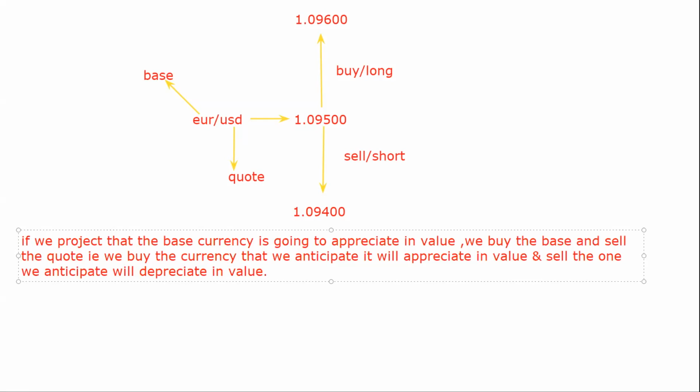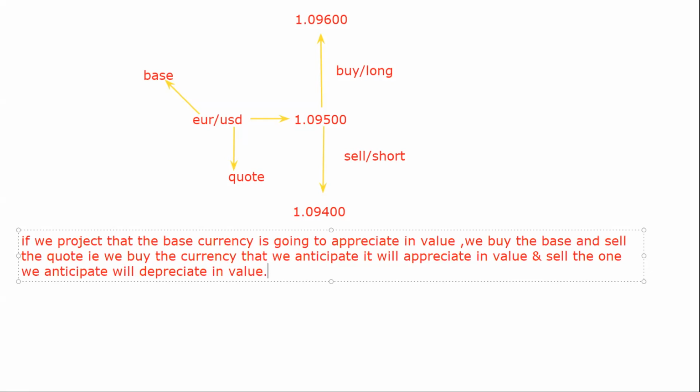So when we buy, we are projecting that the base currency is going to appreciate in value against the quote currency.